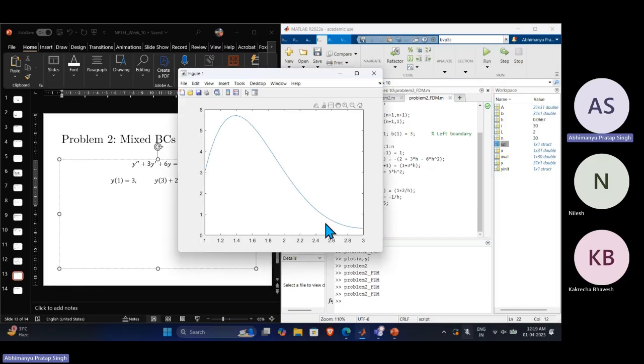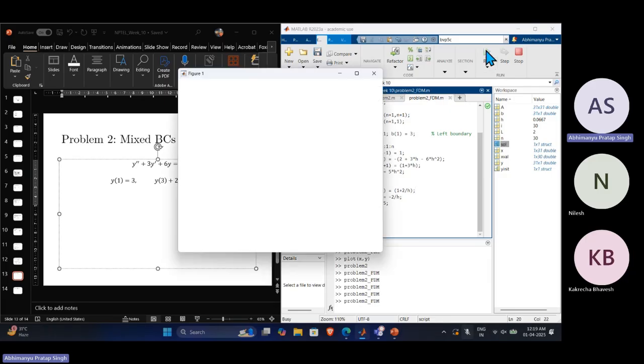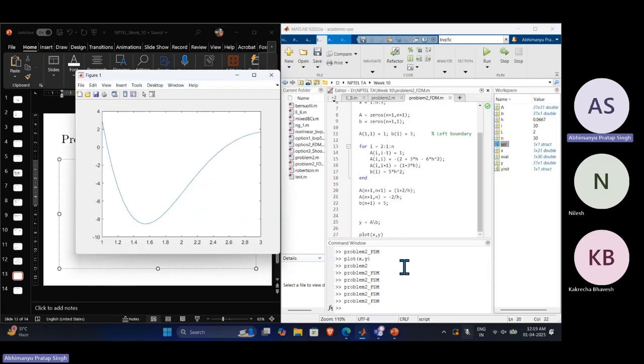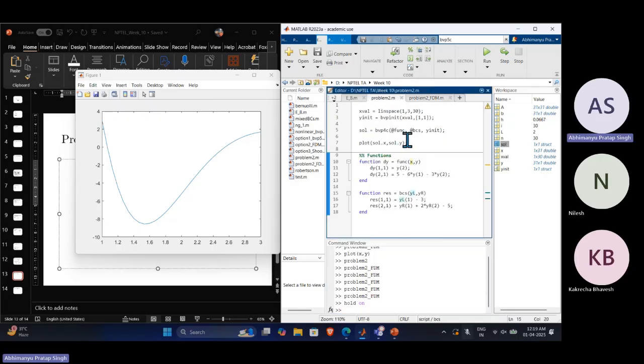So we were getting something completely different. So I make this 2, and if I hold on, I plot this also on the same graph.